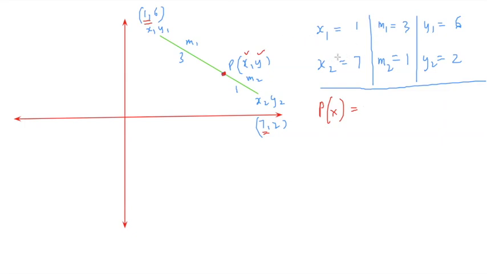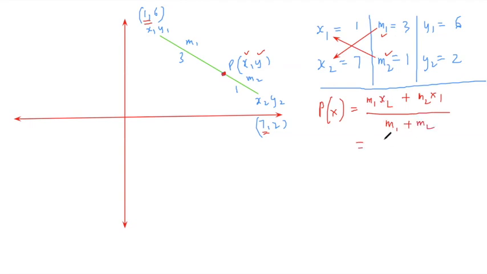Okay, so go with m1, x2, then m2, x1. Okay, so m1, x2 plus m2, x1. I'm writing the formula as well, divided by m1 plus m2. The denominator is the same for both.